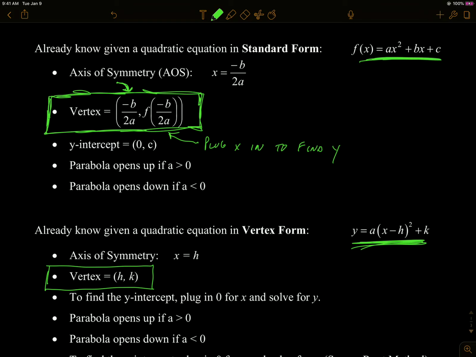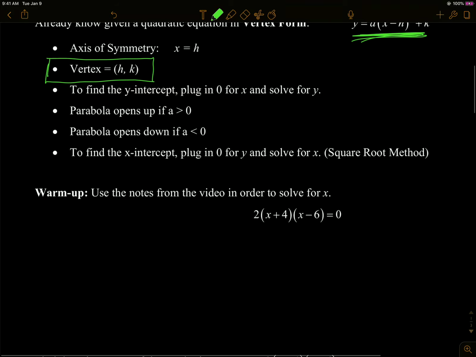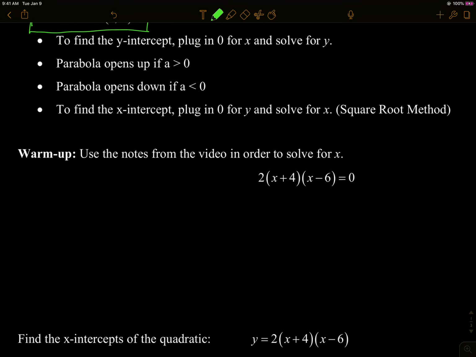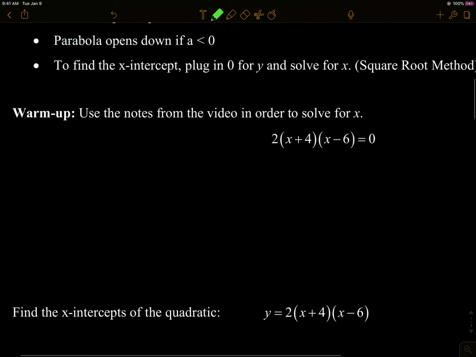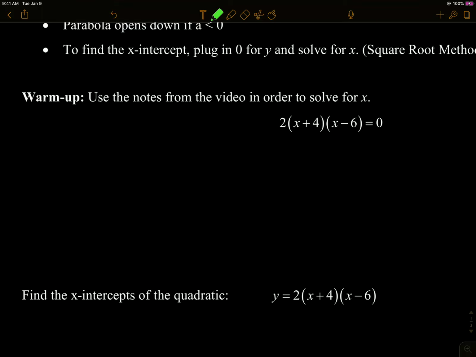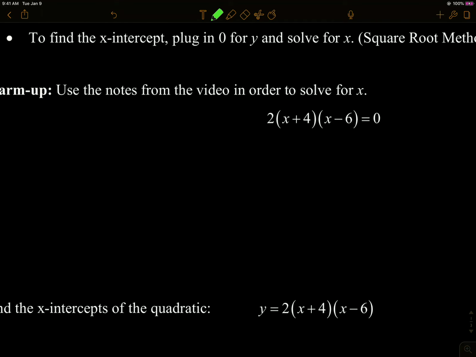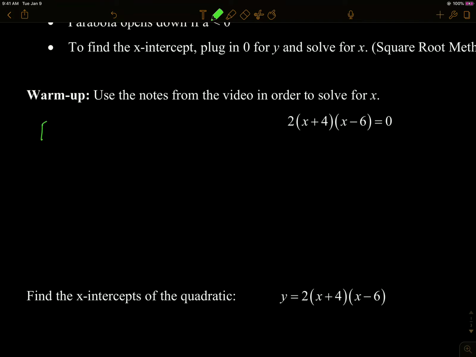Now we have a third form we're going to look at called factored form. Before we get into factored form, we're going to look at the zero product property again. Remember that in math, factors are things that are multiplied.